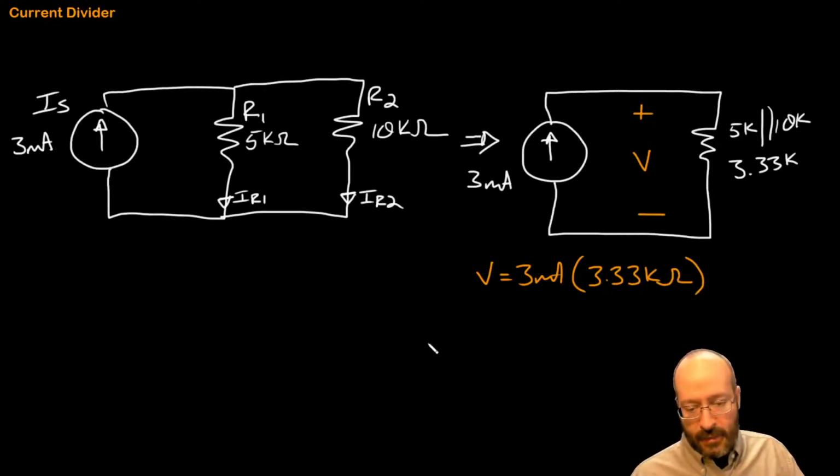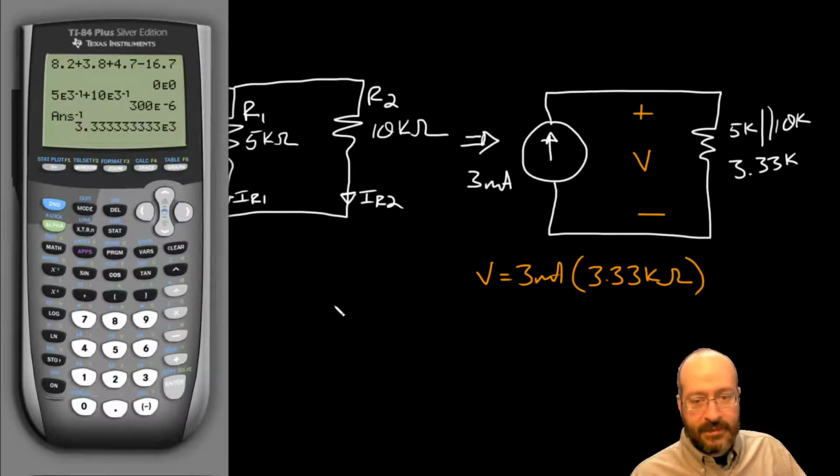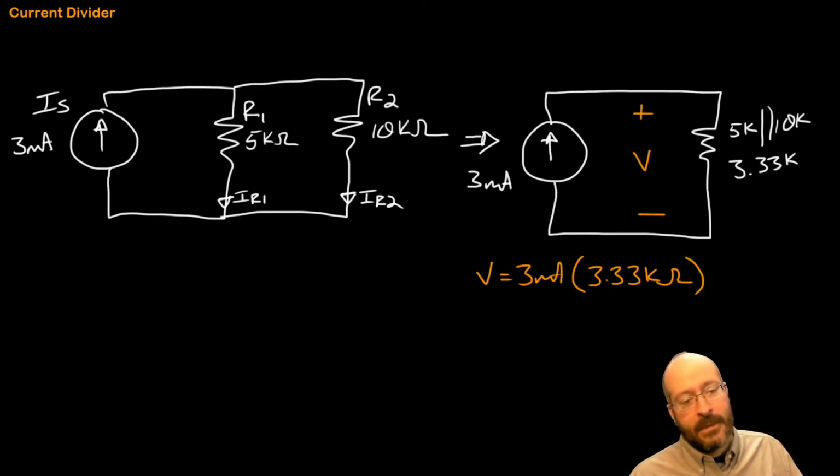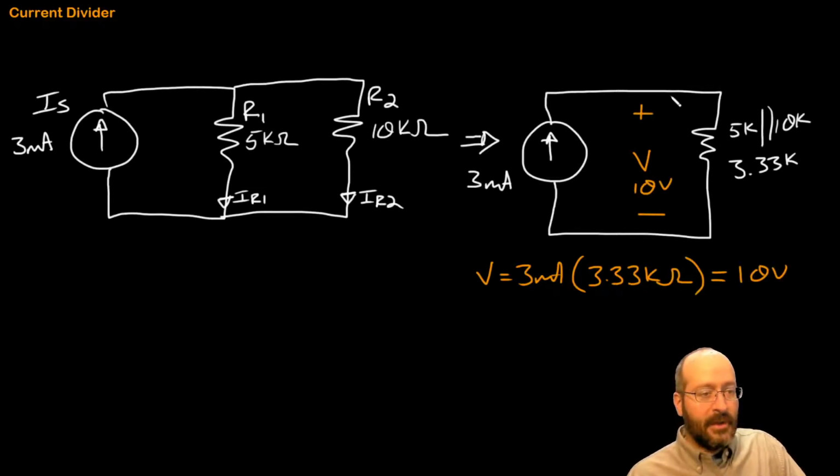Now you can probably do that one in your head, but let's abuse the calculator a little bit, and we take that 3.33K and multiply it by 3 milliamps, and we get 10 volts. So we know we have 10 volts across that parallel combination of resistors.